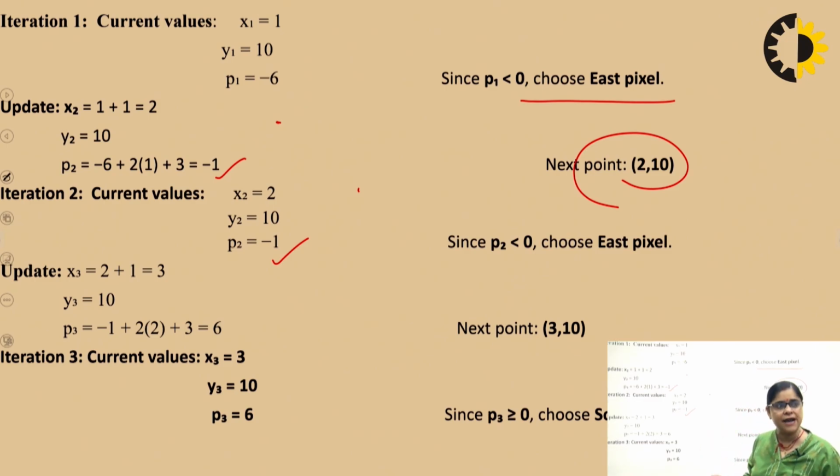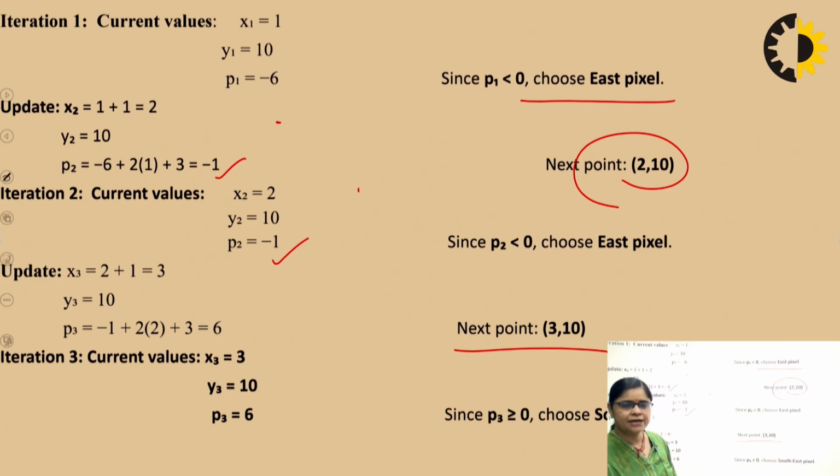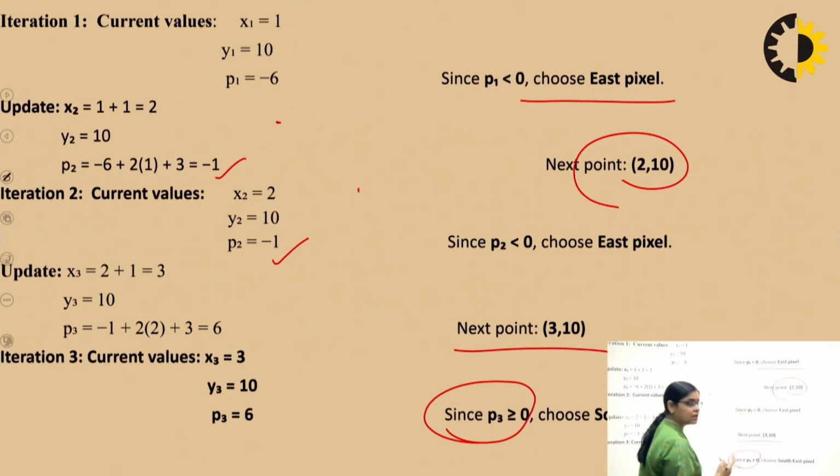For the third iteration, the next point is 3, 10 with the same process. Now the condition has changed: P3 is greater than or equal to 0, so we are choosing the southeast pixel. So these are the pixels.